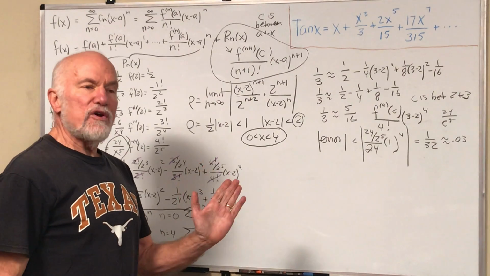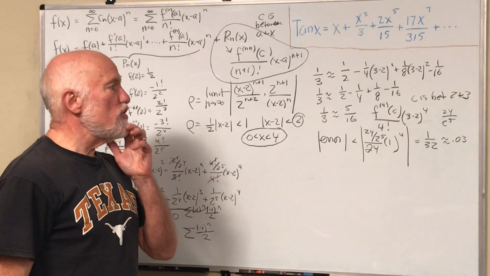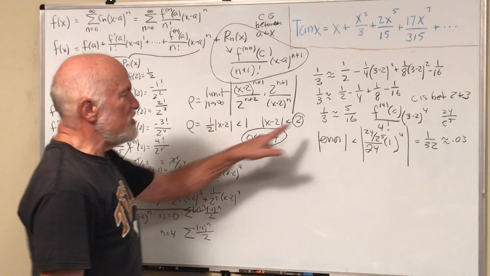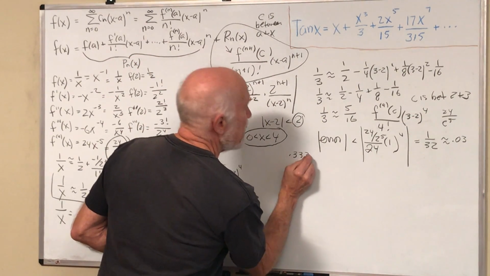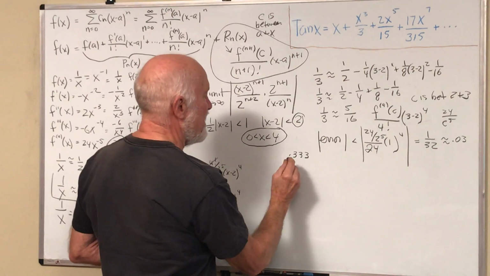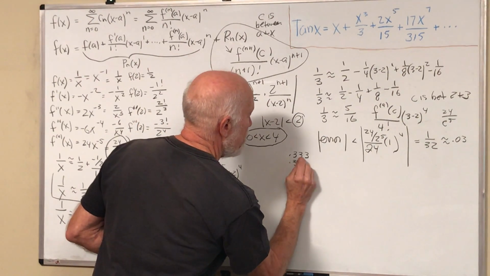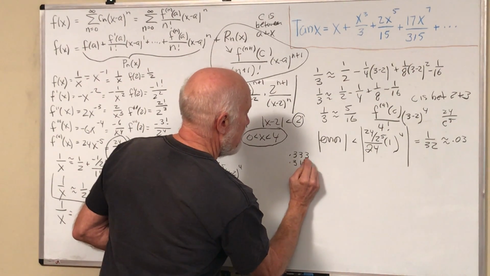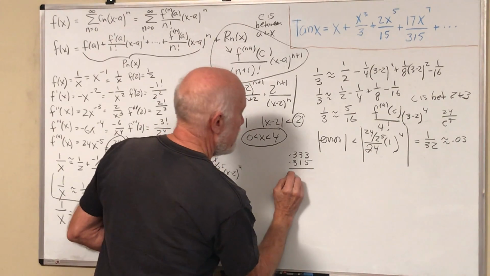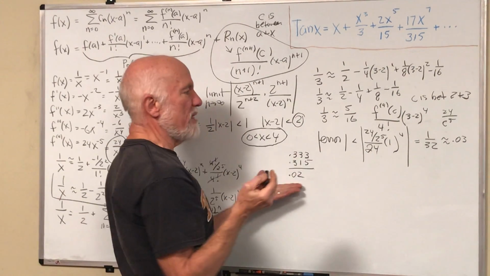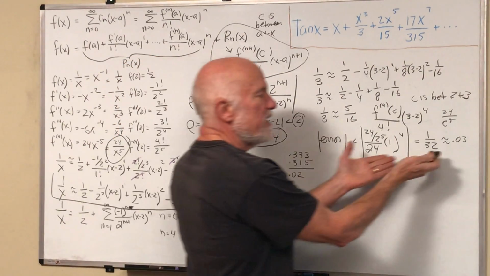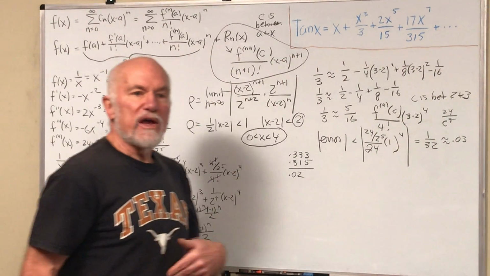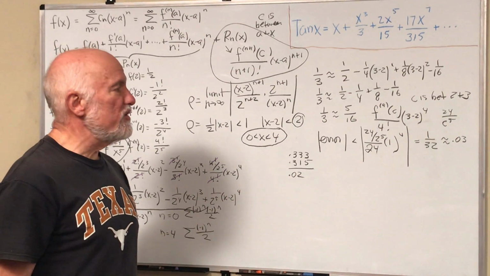So that's a pretty good bound, because we know our answer isn't too bad. Now to actually check it, 1/3 is 0.333, 5/16 is 0.315, you get 0.02 about. So the actual error is about 0.02. Your error bound said it's less than 0.03. So it did a pretty darn good job.